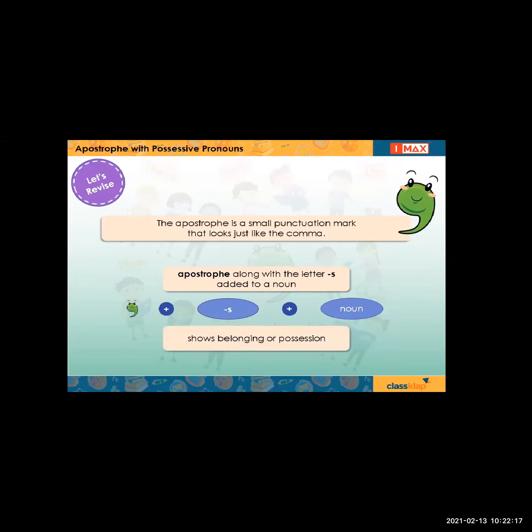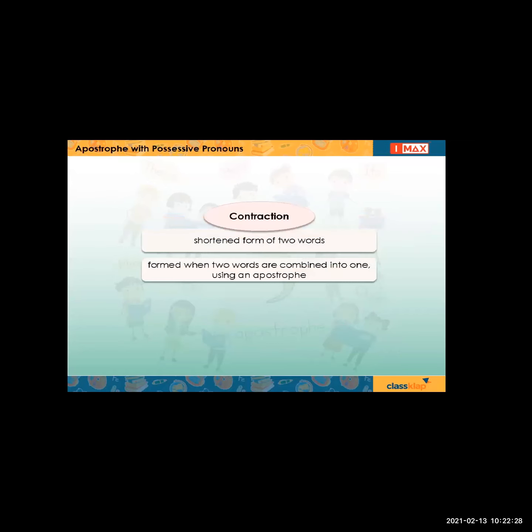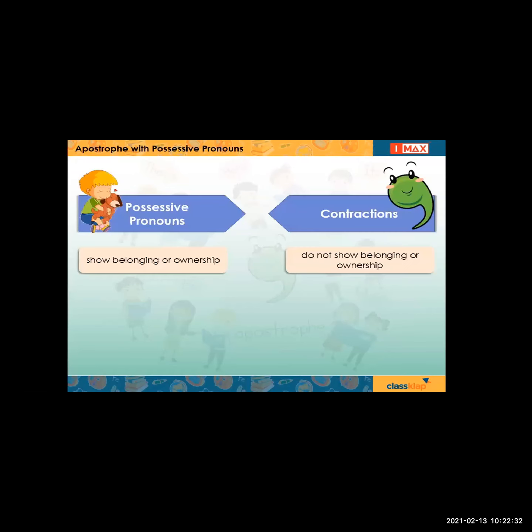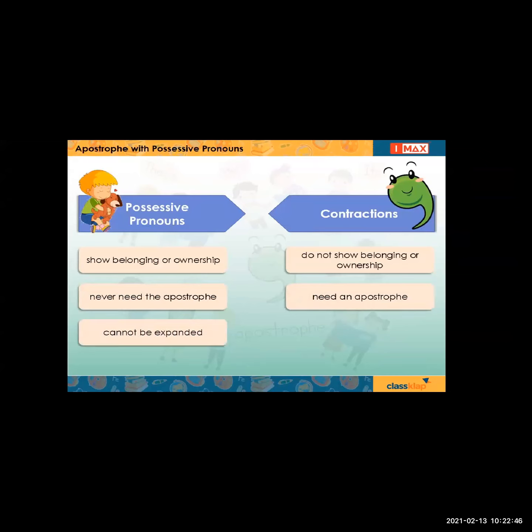The apostrophe takes the place of one or more letters that have been taken out. Contractions do not show ownership or belonging. Possessive pronouns never need the apostrophe. Contractions need an apostrophe. Possessive pronouns cannot be expanded. Contractions can be expanded.